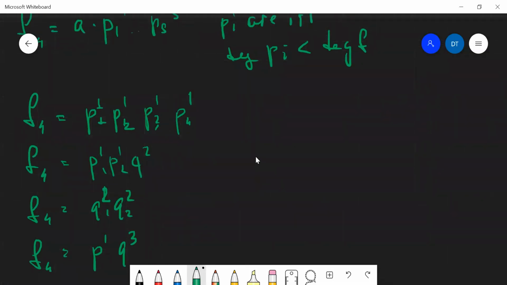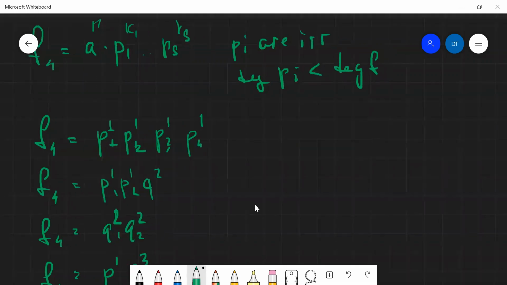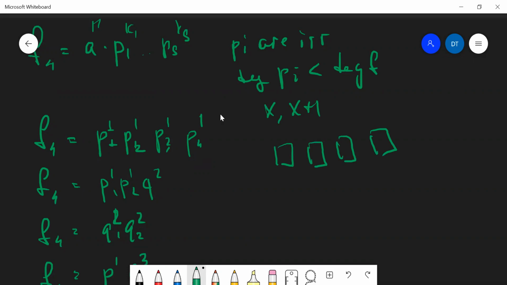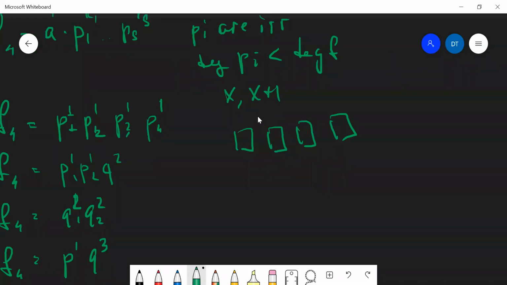Okay, do you know how to compute how many polynomials are presented in this form? That's a discrete math problem. Yeah, it's kind of a stars and bars problem. Yeah, exactly. So now, how many options do we have for the polynomial of degree 1? We have x and x plus 1. Now, we have 4 positions, so 16 options, and we have 2 classes, so we need to add 1 divider somehow.